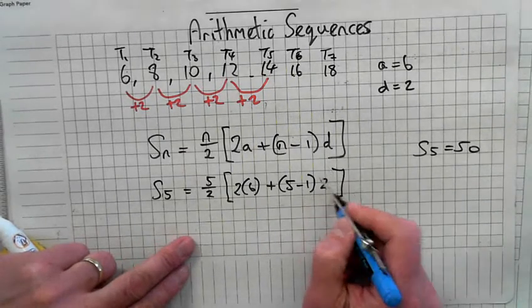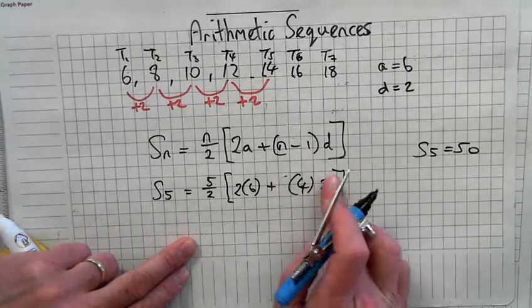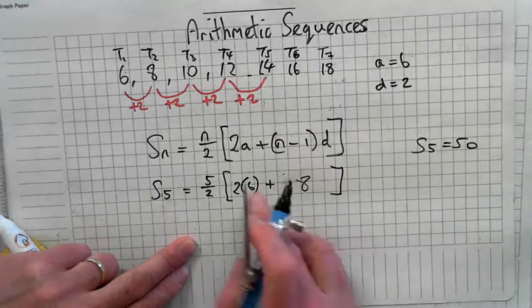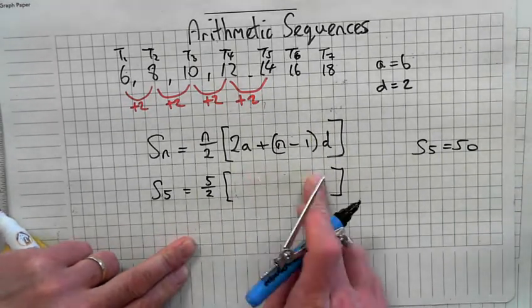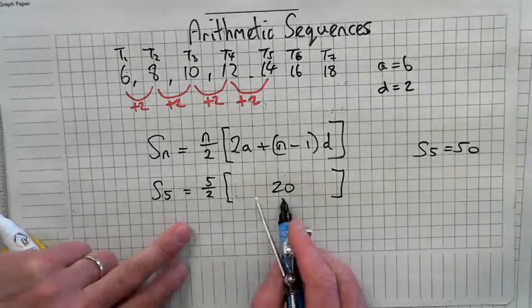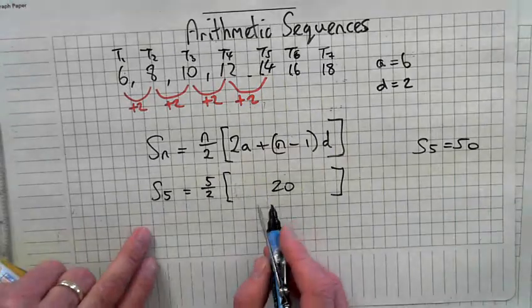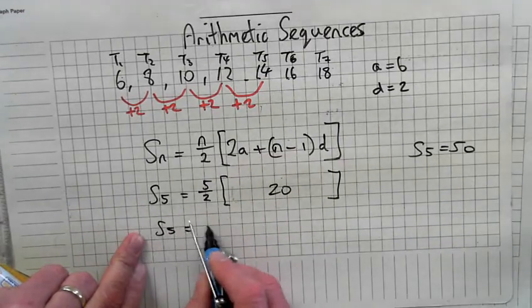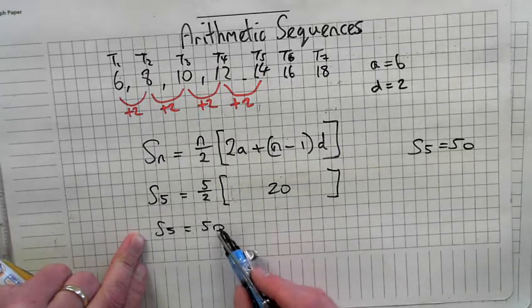Just filling in the numbers. 5 minus 1 is 4. 4 times 2, 8. 6 times 2, 12, and 8 is 20. 20 times 5 over 2, which is 2.5. 2.5 times 20 is 50.